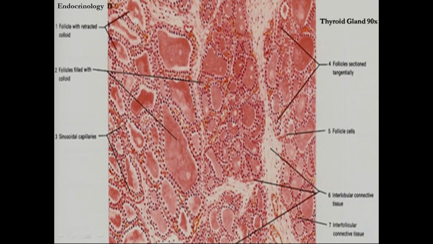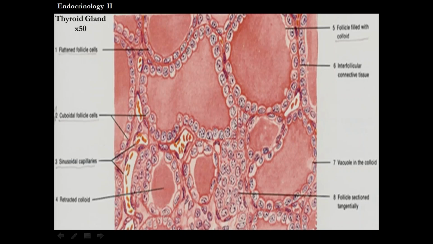By the way, the thyroid gland is the endocrine gland with the highest blood supply. So the highest blood supply in the whole body is going to be the thyroid gland. Okay, so more of this. So we have here, for example, the nucleus, the cell, the follicular cells.